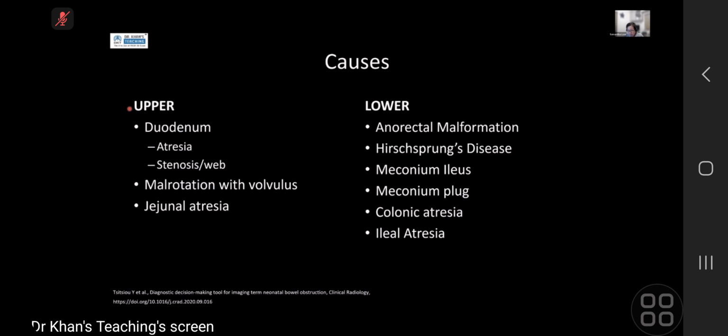If you see filling defects of meconium in the terminal ileum, you can say this could be ileal atresia. If you don't see that, you can only say there's total colonic microcolon, and the differentials would include meconium ileus and ileal atresia.